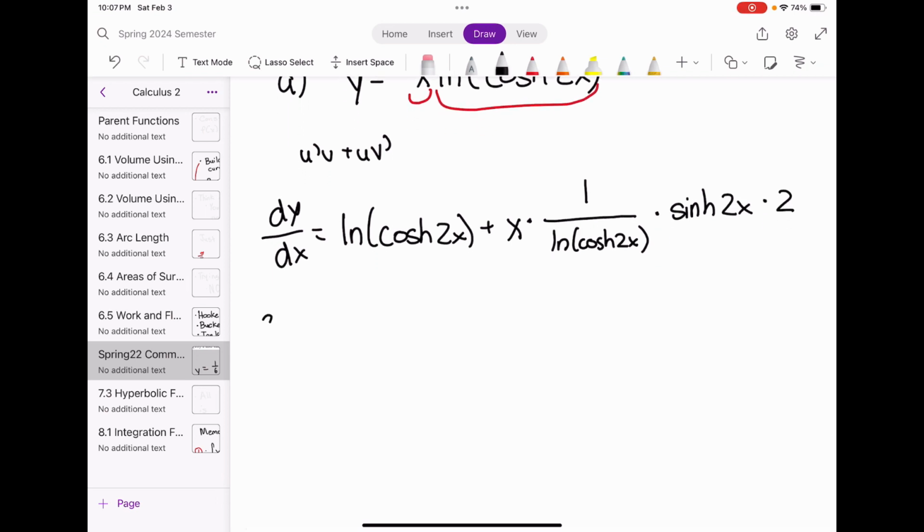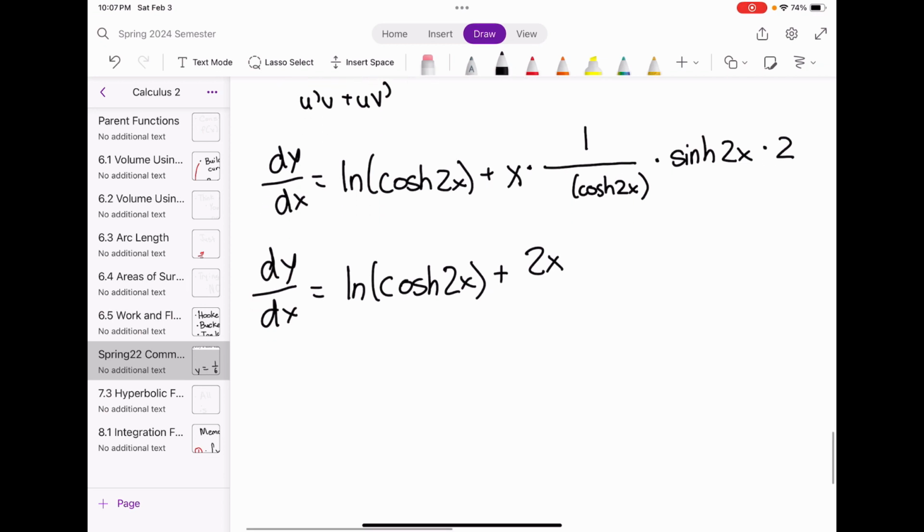Okay, so dy over dx is equal to, I'm going to rewrite this part because that's going to stay the same, plus, and I'm just going to simplify this a little bit. Oh my god, what am I doing? Not ln. This is the derivative for ln. Right, so 2x, and I can simplify this into hyperbolic tangent.